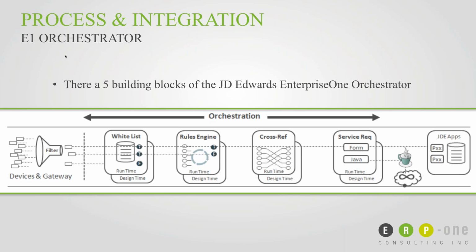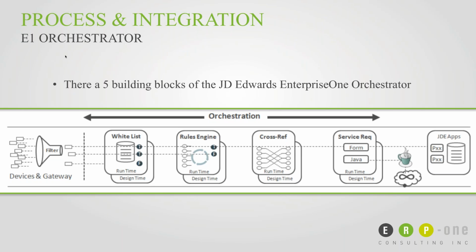So what is the orchestrator? Well, in short, the orchestrator is software written inside JD Edwards that is built specifically to allow these devices in the outside world to communicate back into JD Edwards.